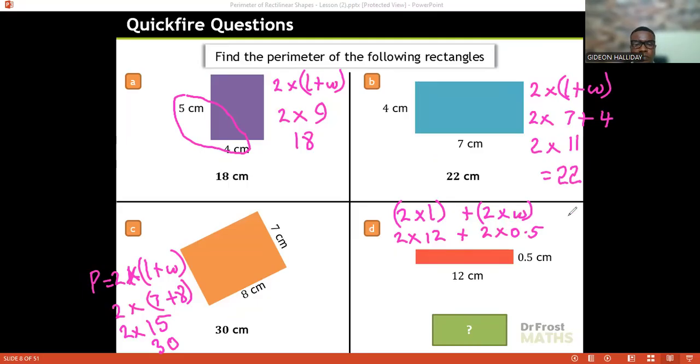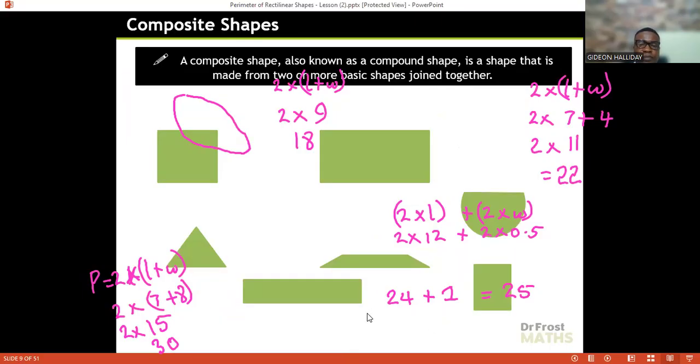So 2 halves is 1. So 2 times 12 is 24. And then 2 times half is 1. And that gives you 25. So 25 centimeters. Easy peasy, right?